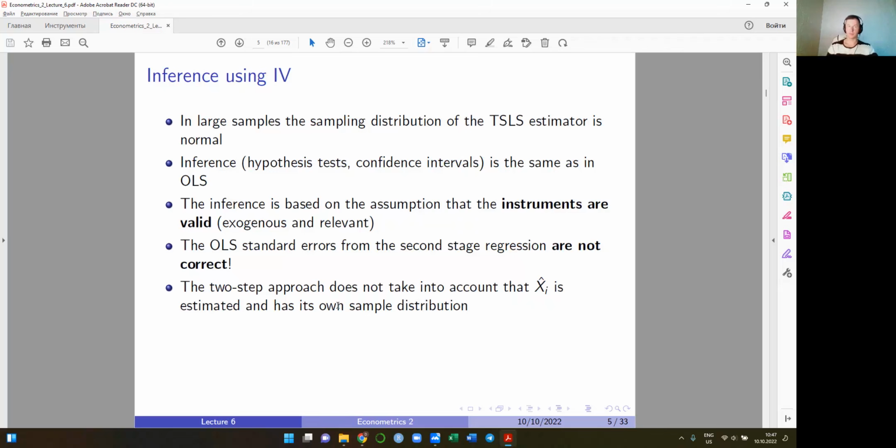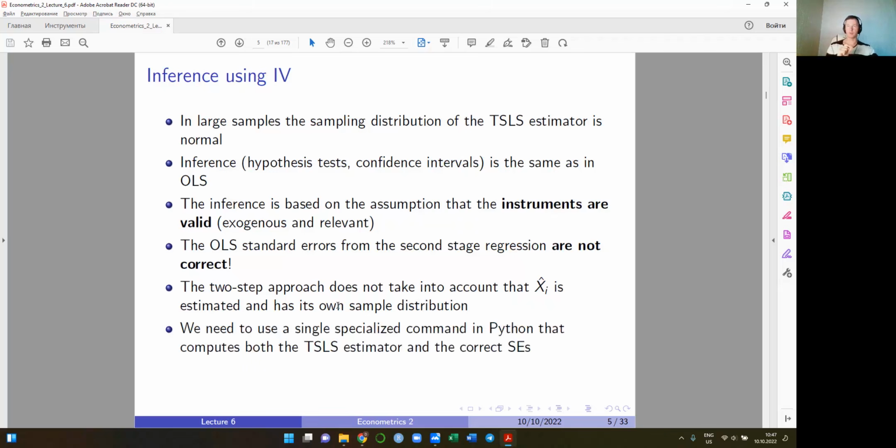Those are beyond this course, but we need to remember that only the use of a specialized command in any software, so we are using Python, or in any other software like Stata, R, whatever, you need to apply a special function to estimate the coefficients of instrumental variables regression in one step, and then it will produce the correct standard errors.